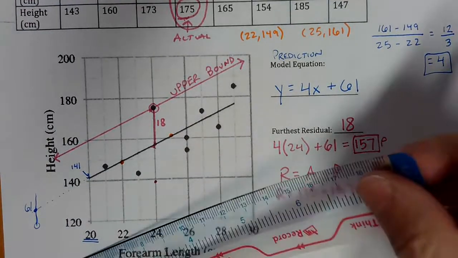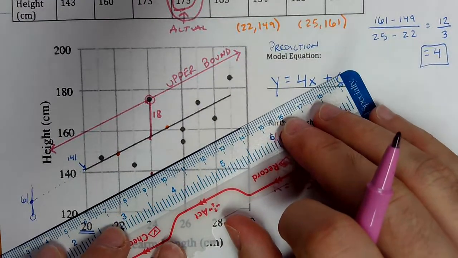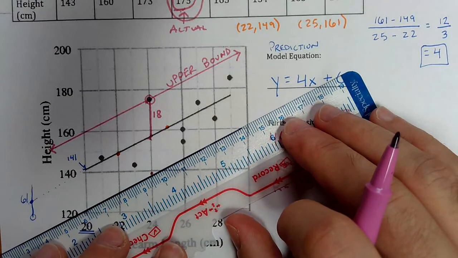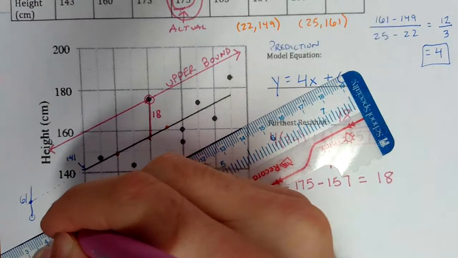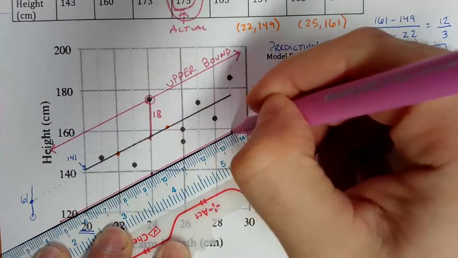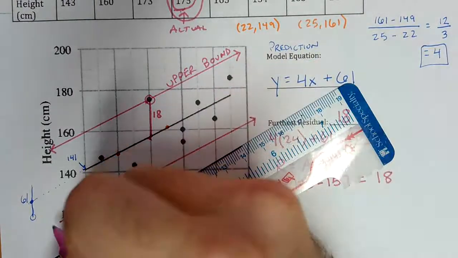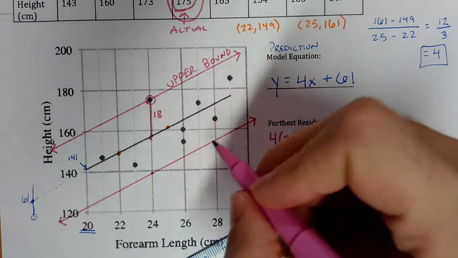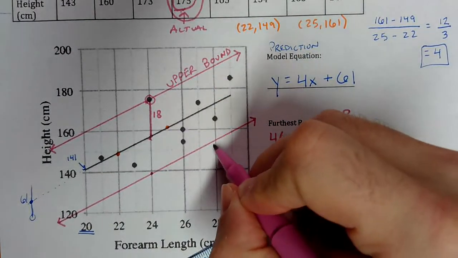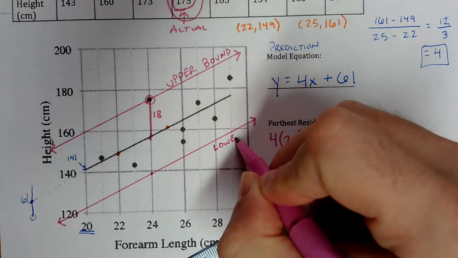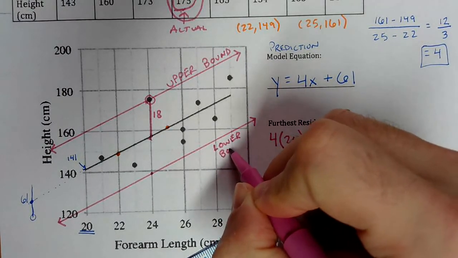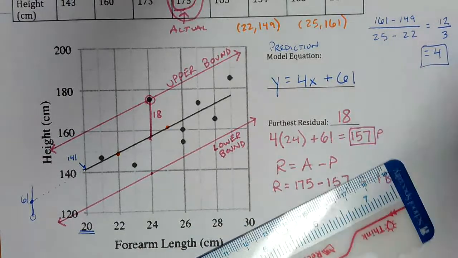And I'm going to make another parallel line through that point we just created ourselves. Notice it's still parallel. This is called the lower bound.